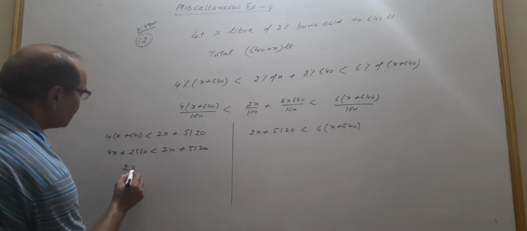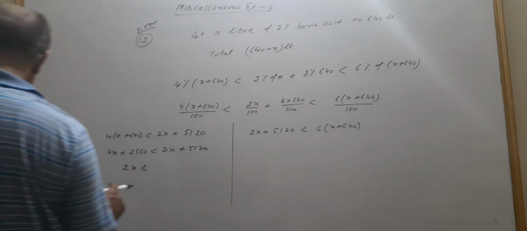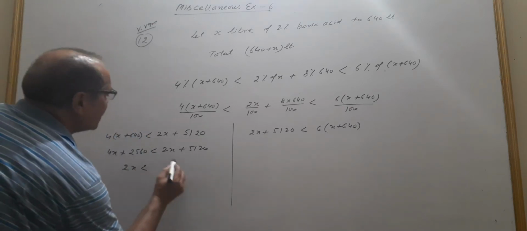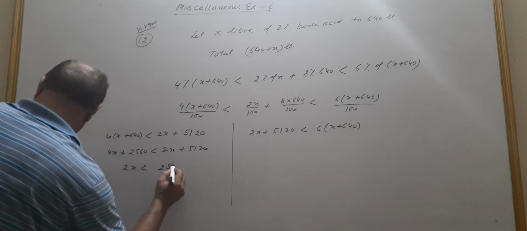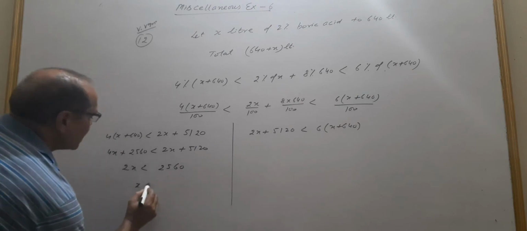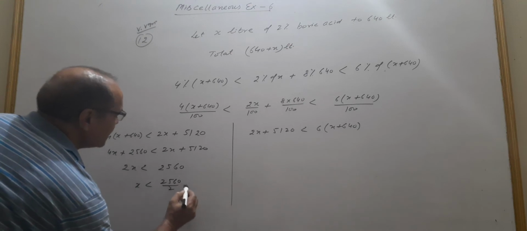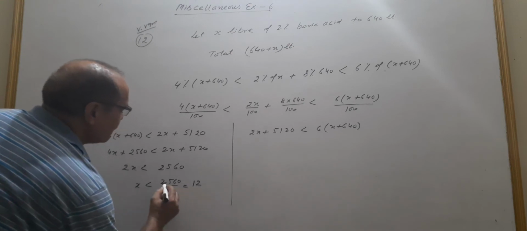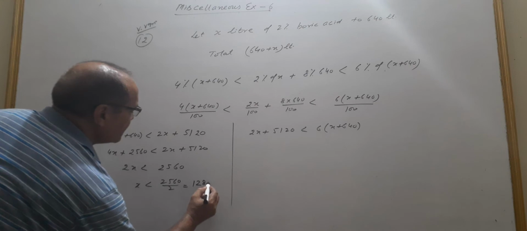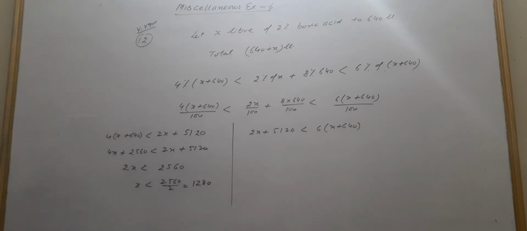Then simplifying, 2x is less than 2560. What is x? x is less than 2560 by 2, that is 1280. So x is less than 1280 on the left hand side.